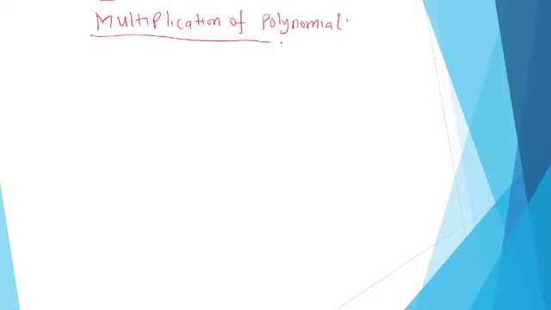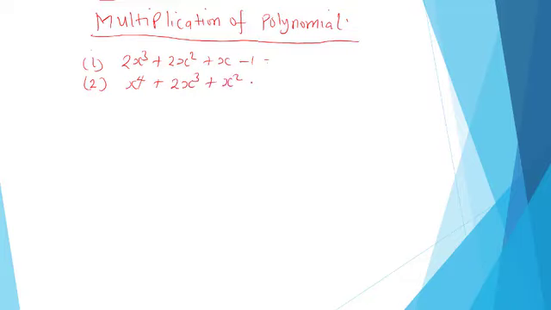Now, when you talk about multiplication of polynomial, it is well understood that it still takes the shape of the same multiplication. Like if you have, okay, let me say this is a polynomial, 2x^3 plus 2x^2 plus x minus 1, and the second polynomial is x^4 plus 2x^3 plus x^2 minus x plus 5.